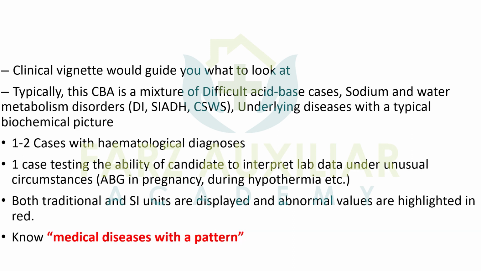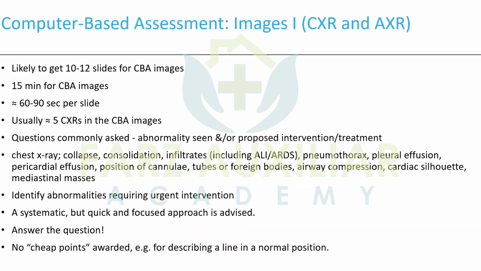So you have to understand how the ABG values will change when a sample is taken from a hypothermic patient. Then both traditional and SI units are displayed and abnormal values are highlighted in red. So basically you have to know medical diseases with their patterns. This is the way to prepare for the biochemistry cases.